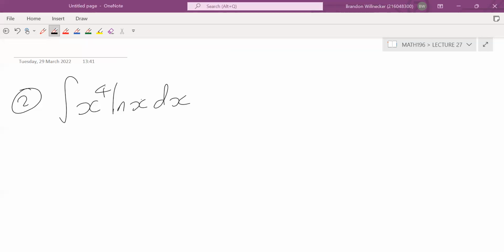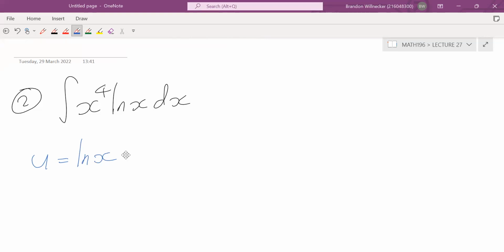Now, if we look between the two, we see that if we let u be the natural log of x, then the derivative becomes simpler. So we start off with a complicated function, natural log of x. If we differentiate it, we're going to get 1 over x, which is much simpler than what we started with. So that is the big hint to tell us that u should be the natural log of x.